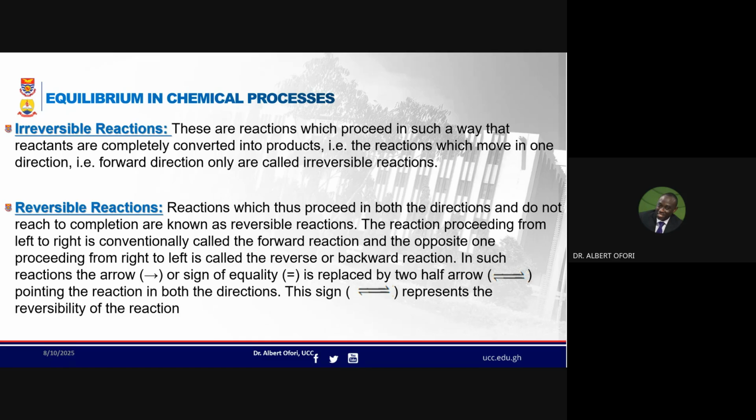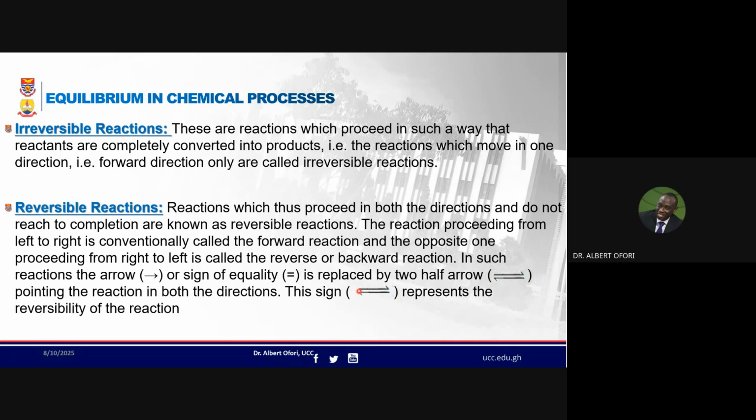So let's try to change that mindset. If I write an arrow which is complete, like one on top, one down, that's a complete reversible reaction. It is not the same as chemical equilibrium being established.